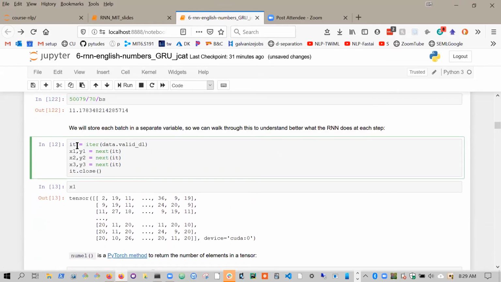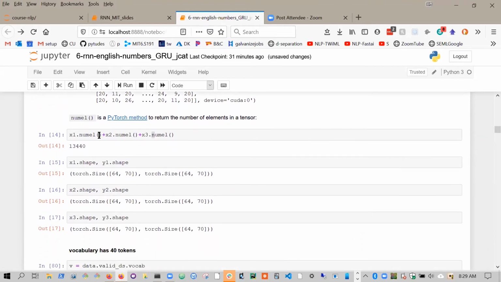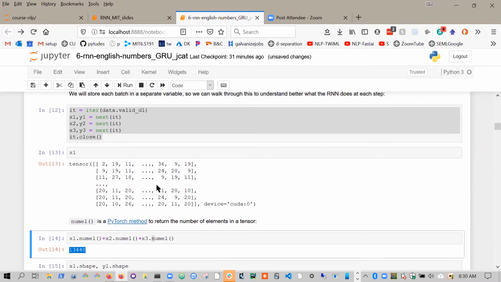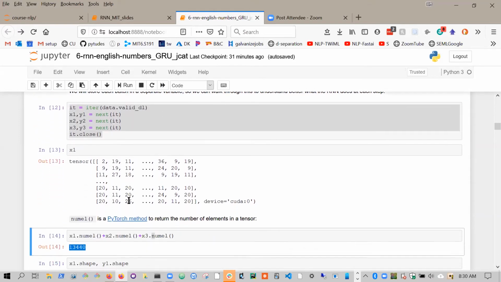This process should basically exhaust the validation data and pull it all into the 3 batches that we have. And the length of all of them comes out to 13,440 tokens, which is close to the 13,017 tokens that we expected. So there must be some padding in there somewhere.